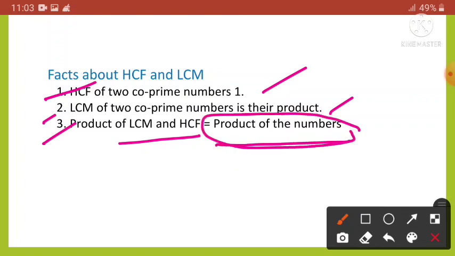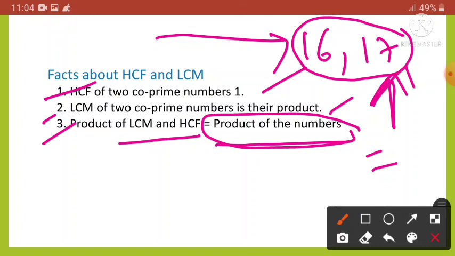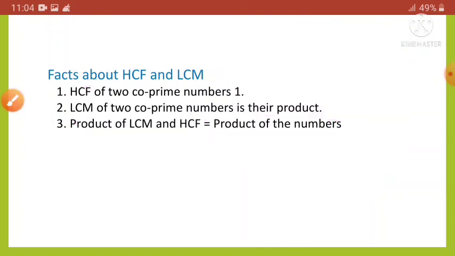Okay, so the product of the numbers will be equal to the product of the LCM and HCF of those numbers. So suppose we are taking the numbers 16 and 17, the product of these numbers will be equal to the product of the LCM of these numbers and the HCF of these numbers. Okay, so all these are the facts about HCF and LCM.